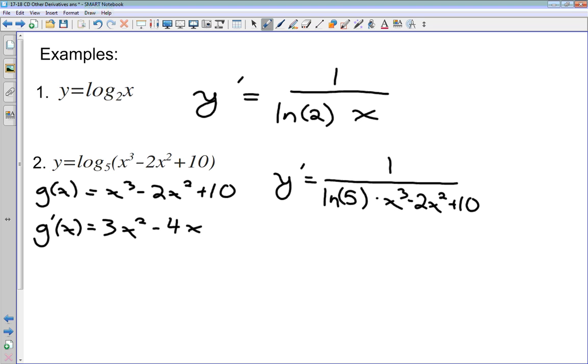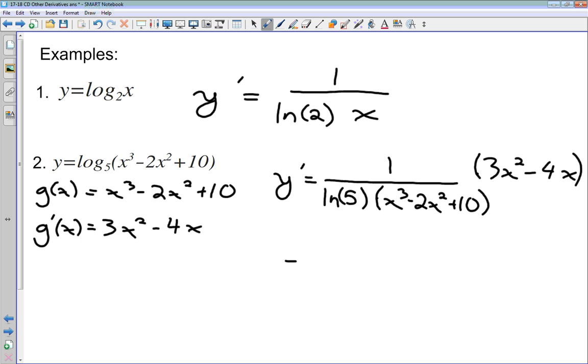Okay, and then our chain rule, again, that looks a little bit weird. I should probably put this in brackets. That whole thing has got to stay together like that. And then I'm going to multiply this by the derivative of that inner function, which we've already calculated, our 3x squared minus 4x. So times 3x squared minus 4x. And I'll put that in brackets too.